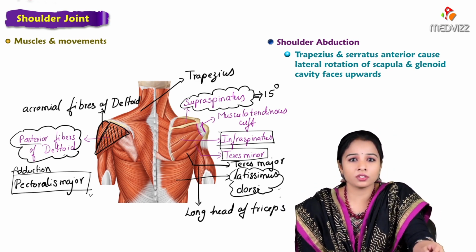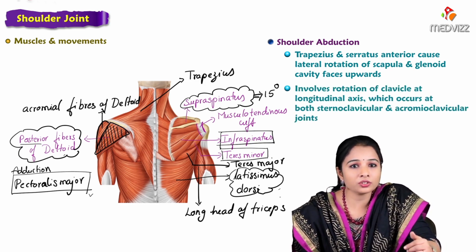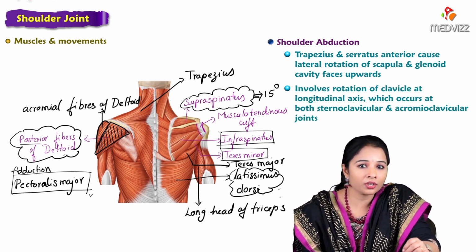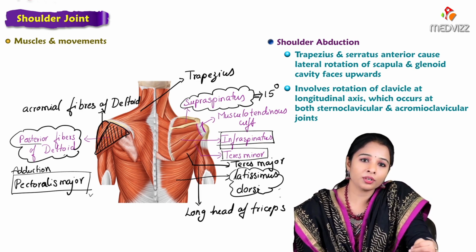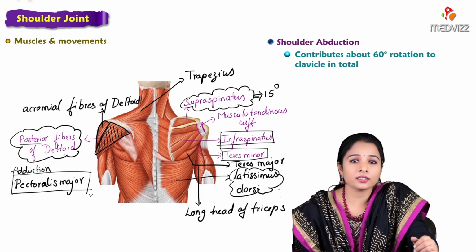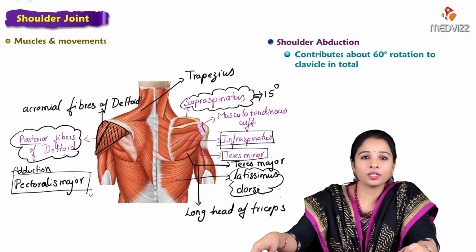Abduction of the shoulder involves the rotation of the clavicle also in its longitudinal axis, which occurs at both the sternoclavicular and acromioclavicular joints. And this contributes about 60 degrees of rotation of the clavicle in total. So this is all about the abduction of the shoulder joint.